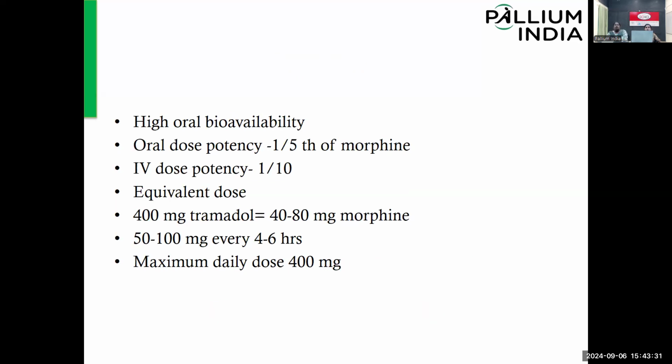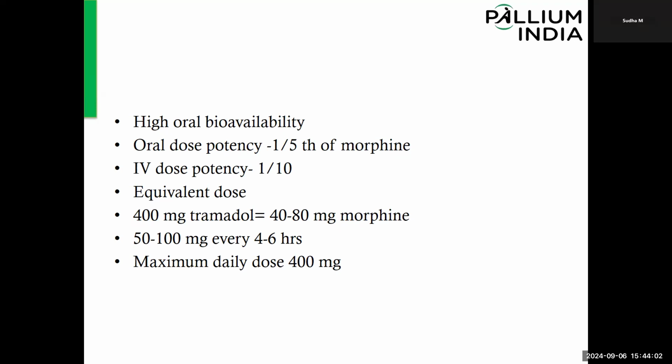One more thing. What are the common side effects we expect when giving tramadol? Vomiting. Very good. Next one? Drowsiness. Yes, some patients have drowsiness.